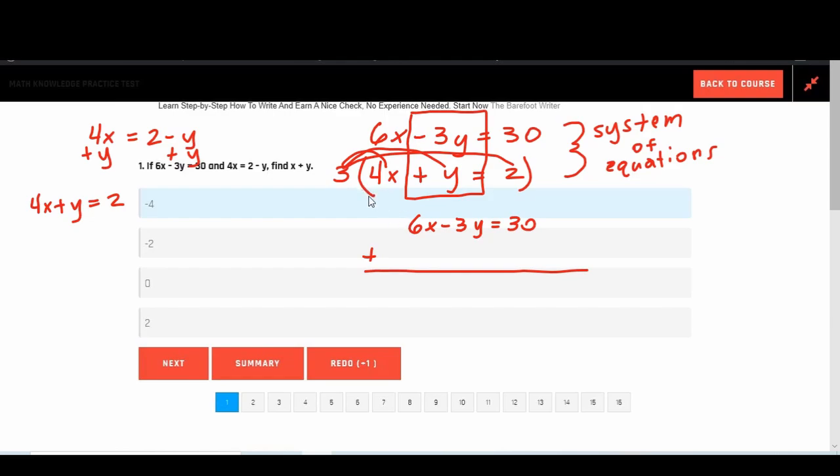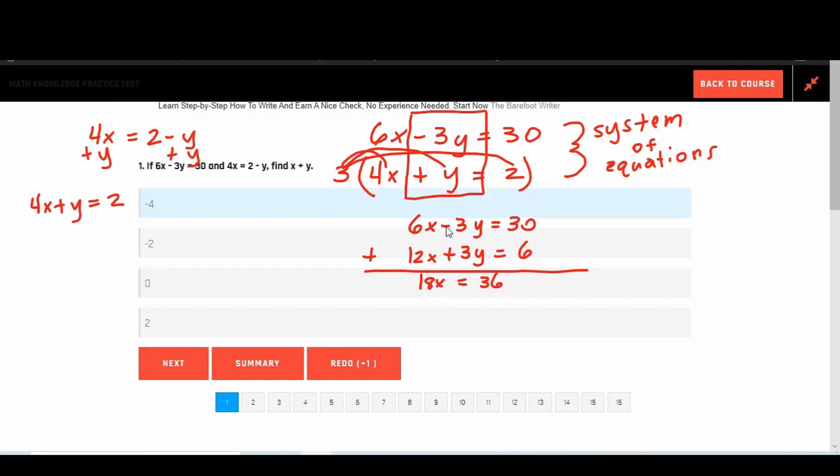So 3 times 4x is 12x. 3 times y is positive 3y. And 3 times 2 is 6. Now we're just going to add these equations. 6x plus 12x is 18x. Negative 3y plus 3y just goes away. 30 plus 6 is 36.